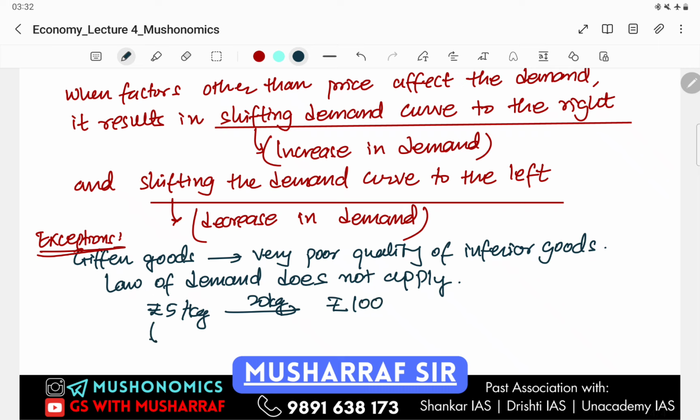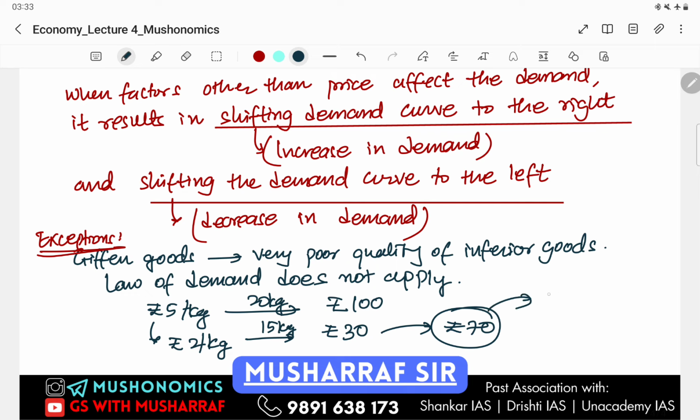Suppose the price decreases to rupees 2 per kg, then you will decrease consumption and demand only, for example, 15 kg, spending only rupees 30, and the rupees 70 you have saved, you can use for other food grains, for example, pulses. So you will decrease the demand. Like that, a very poor quality inferior good is known as a Giffen good.